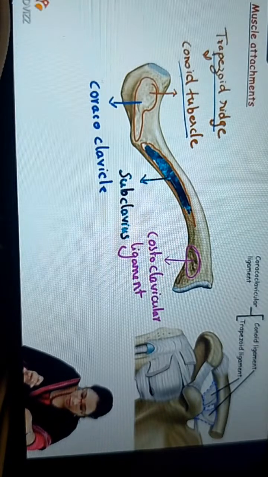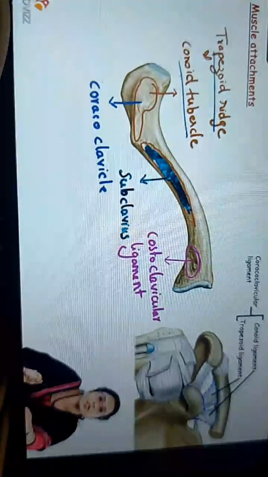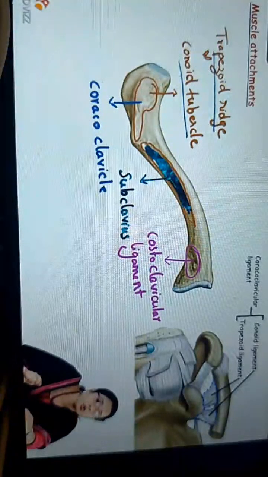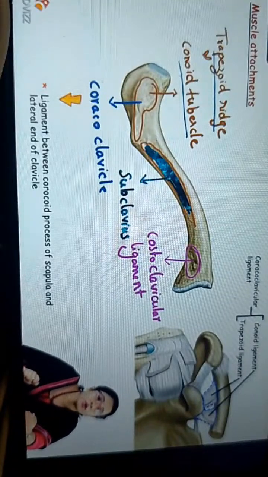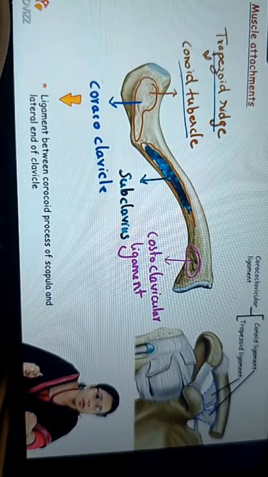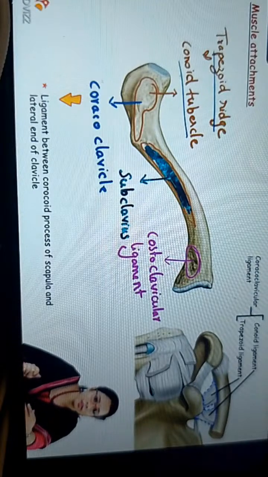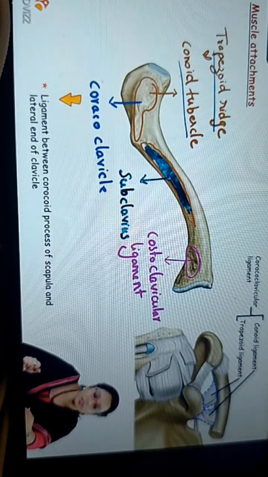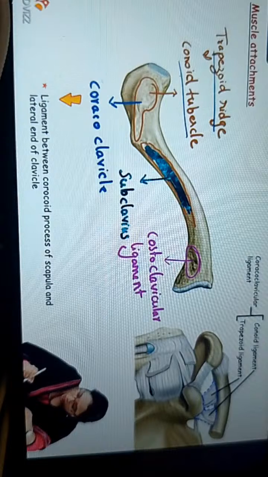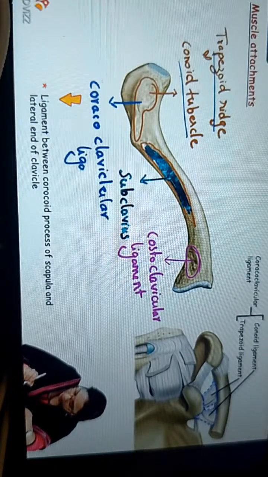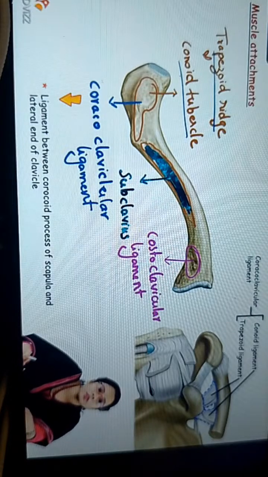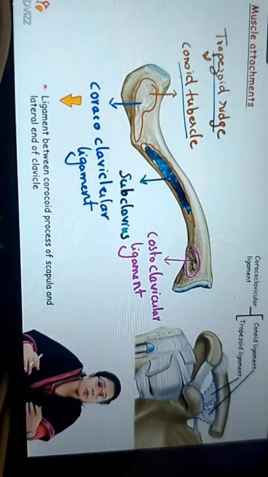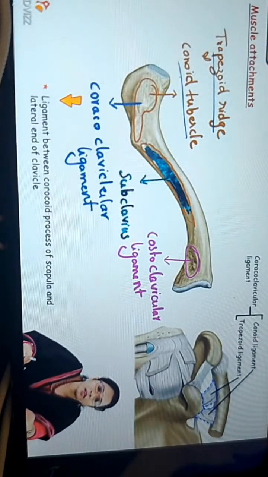It is the ligament between the coracoid process of the scapula and the lateral end of the clavicle. So these are the important attachments of the clavicle.